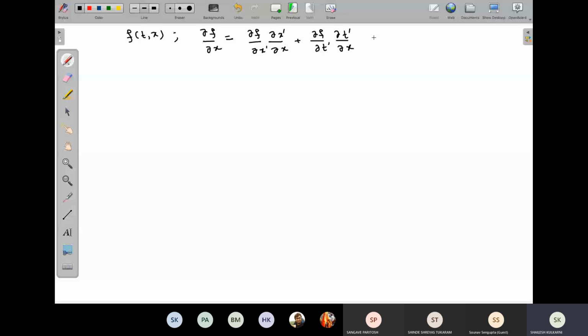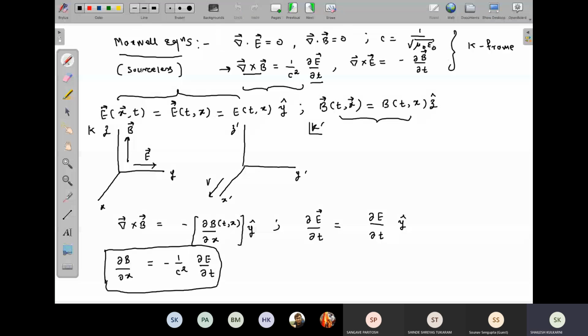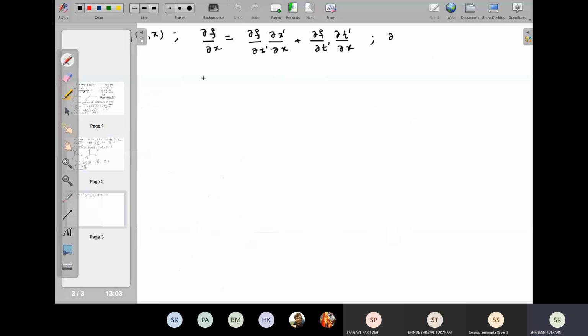So what we need is del x prime by del x and del t prime by del x. Also we have a term like this, del f by del t. So let us see how that transforms.